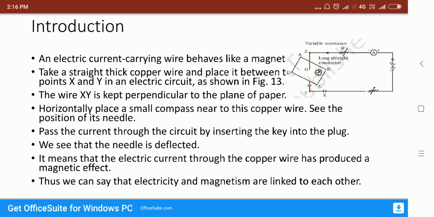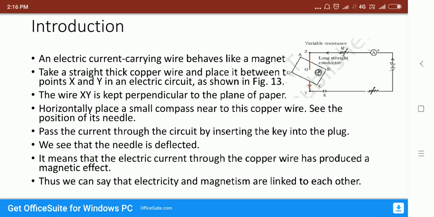Just to understand that, let us do one activity. We are taking one thick copper wire. As shown in the figure, we are placing this wire between points X and Y. The wire is perpendicular to the plane of the paper, which is present at the center.